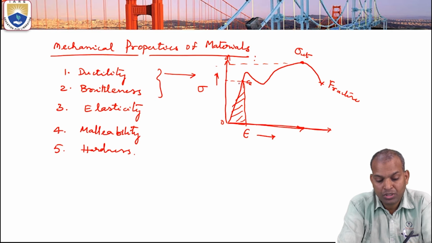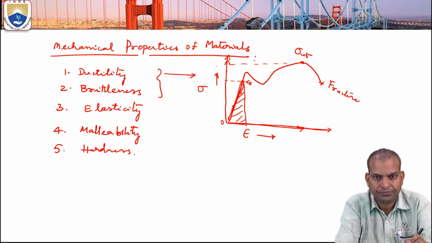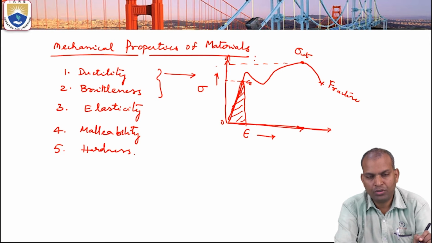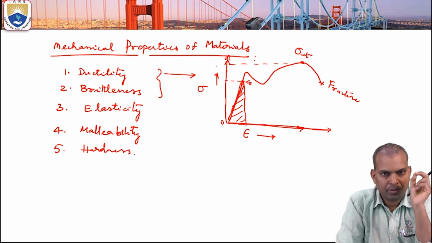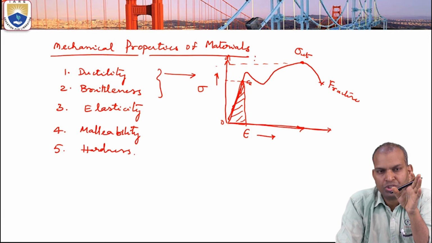That stress is known as elastic stress, where the stress is directly proportional to strain. After removal of the load, when the load is removed from the material, it regains its original shape.